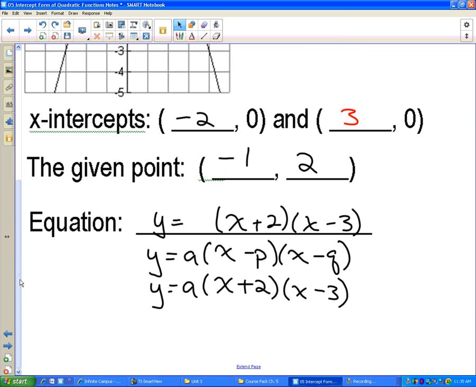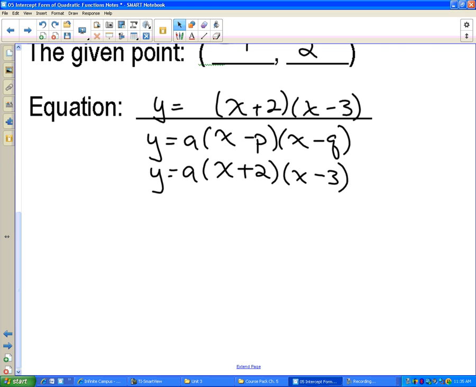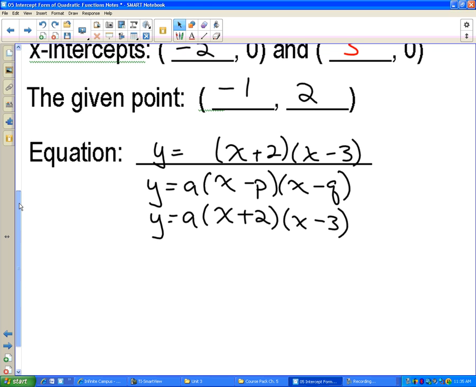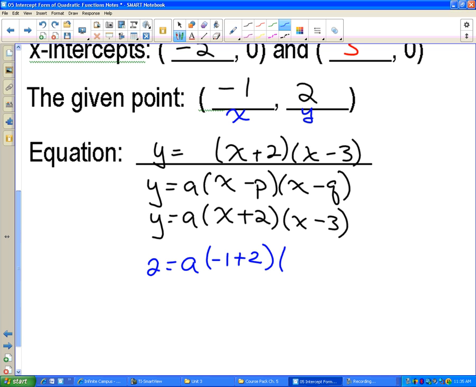Well, the good thing is I'm given this point -1, 2, where -1 is x, 2 is y. So 2 is equal to a times x, which is -1 plus 2, times x, which is -1 minus 3. 2 is equal to a times -1 plus 2 is 1. -1 minus 3 is -4.